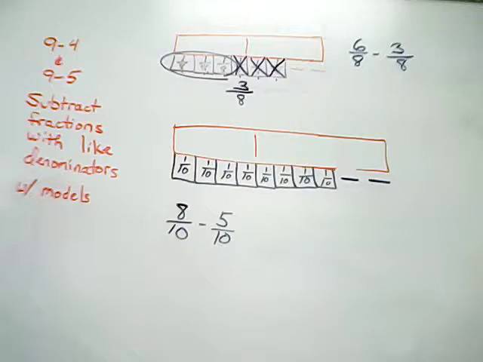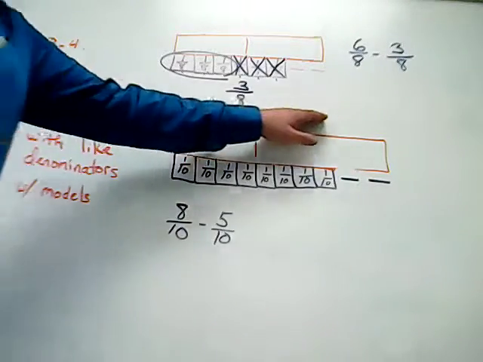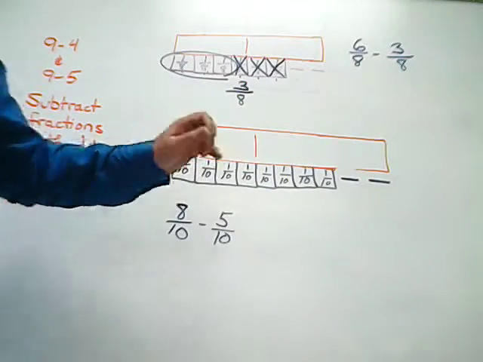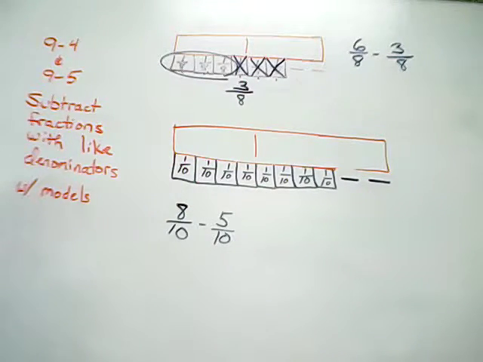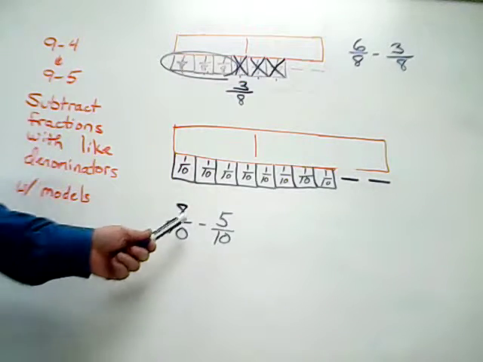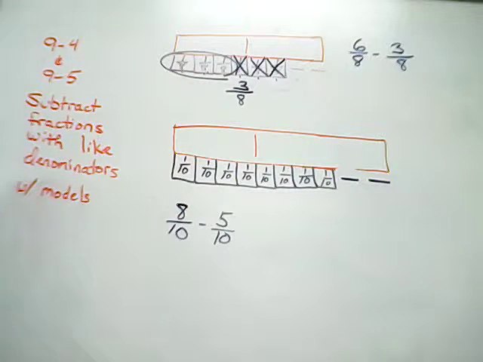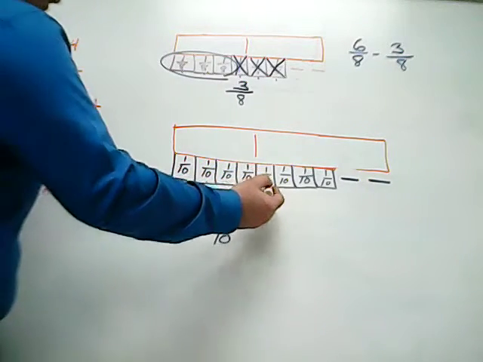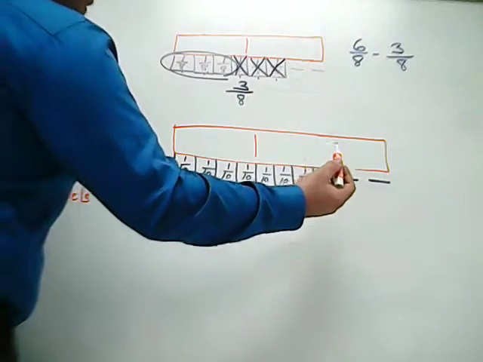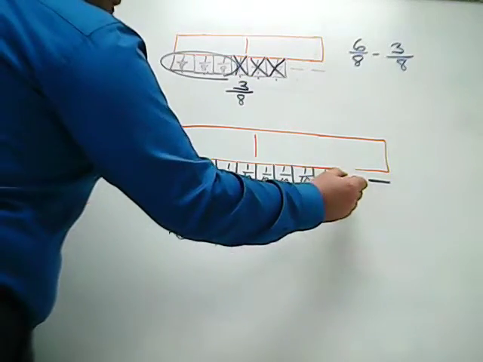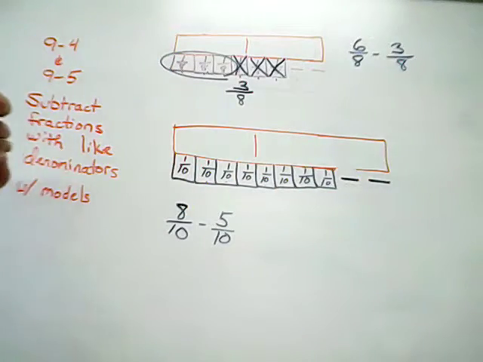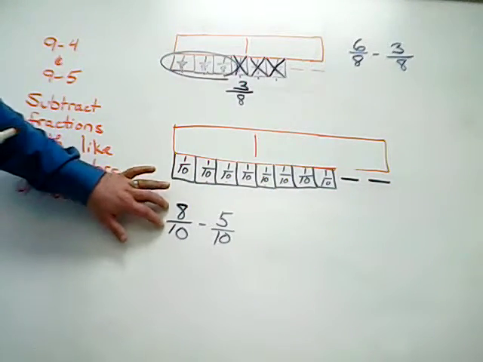My second example here, I have my one whole bar, and I've broken this into tenths. My problem here says 8/10 minus 5/10. So what I've done again, I've numbered 1/10, 2/10, 3/10, 4/10, 5/10, 6/10, 7/10, 8/10, put a dash for 9/10 and a dash for 10/10. The reason I did that is because I only want to work with 8/10.